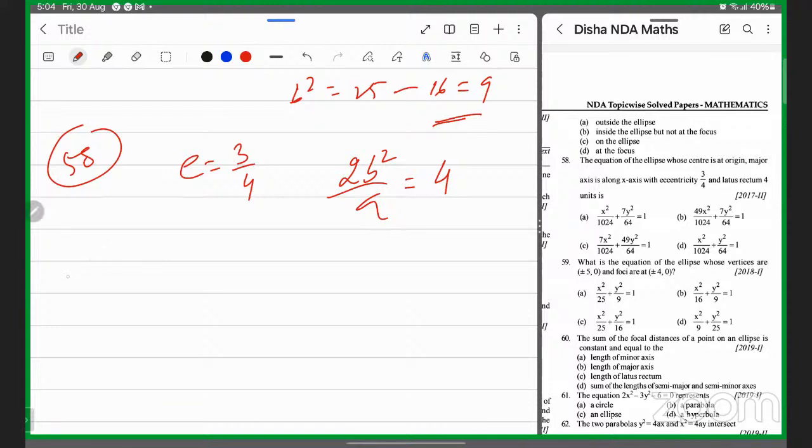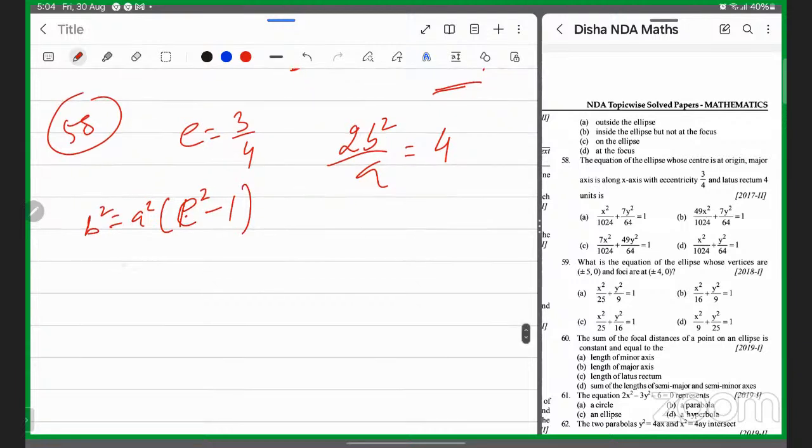For a hyperbola, b square equals a square into e square minus 1. Any problem? Tell me.